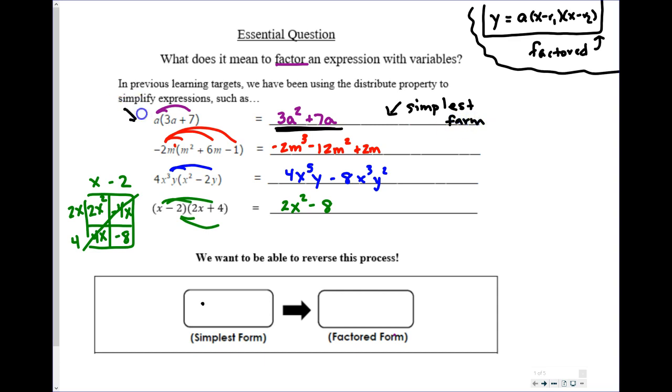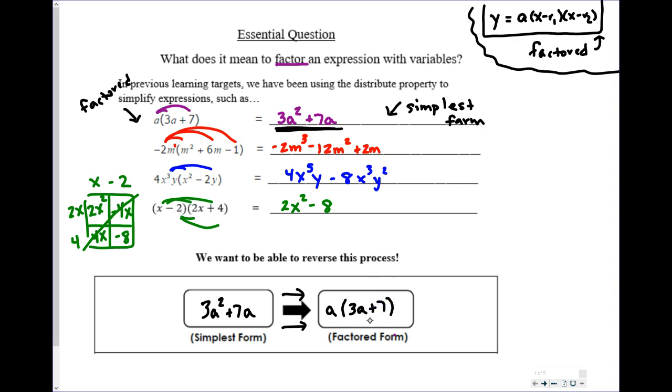And over here, this is factored form because it's got all those parentheses. I want you to be able to start with 3a squared plus 7a and create this thing. I want you to go backwards.